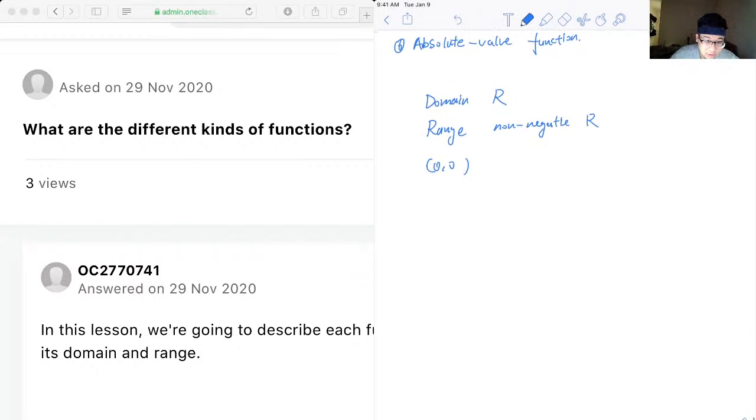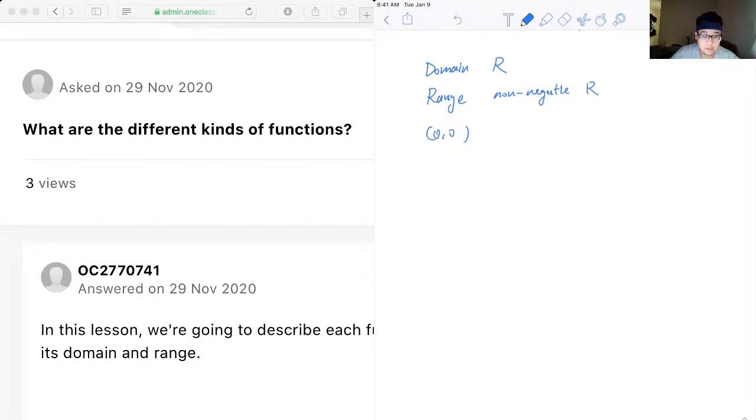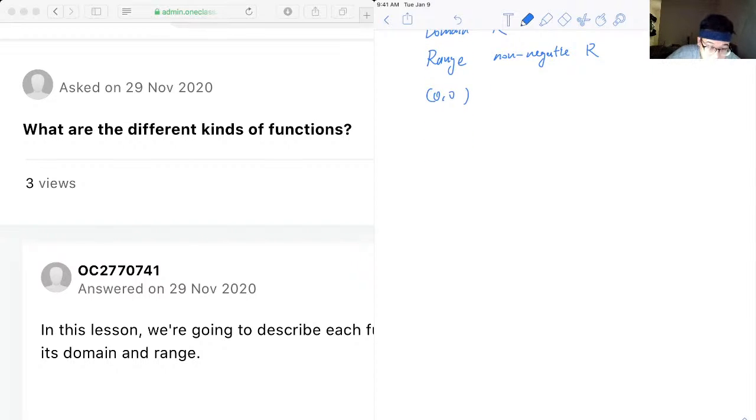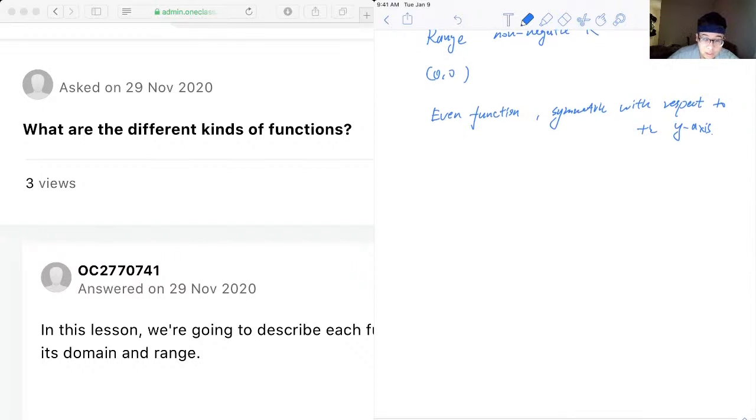The function is even and is symmetric with respect to the y-axis.